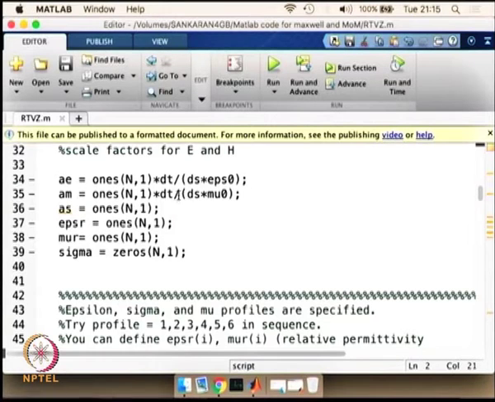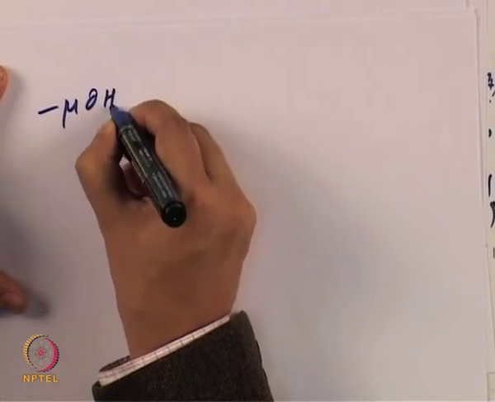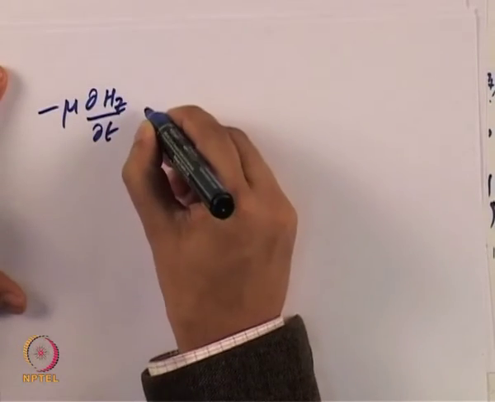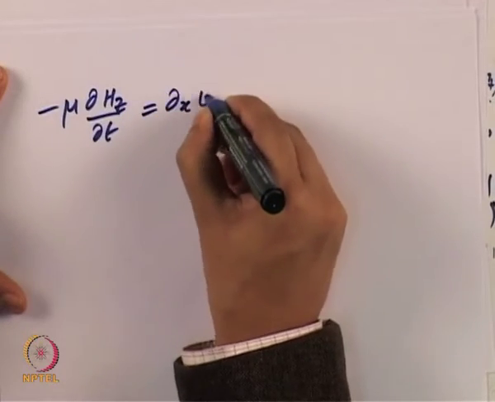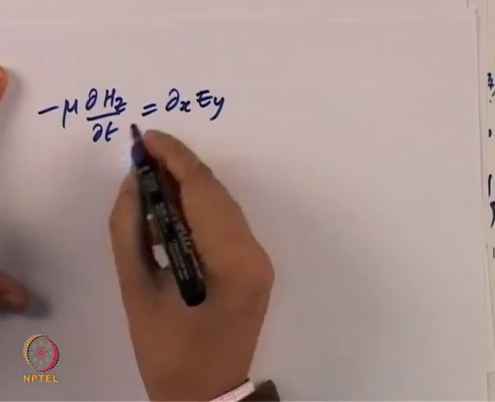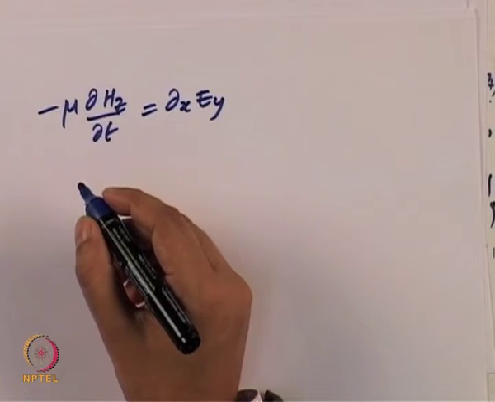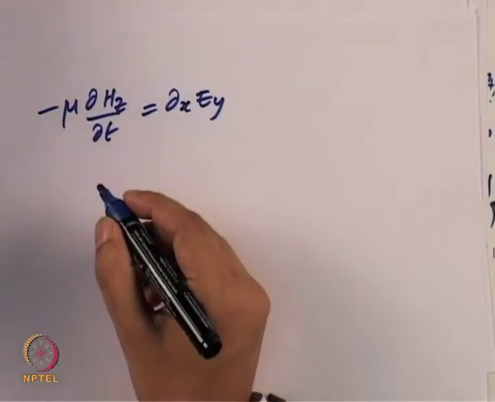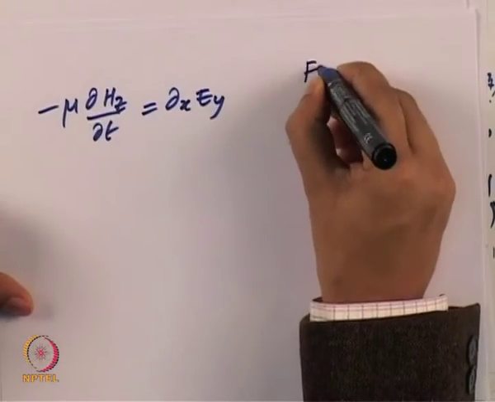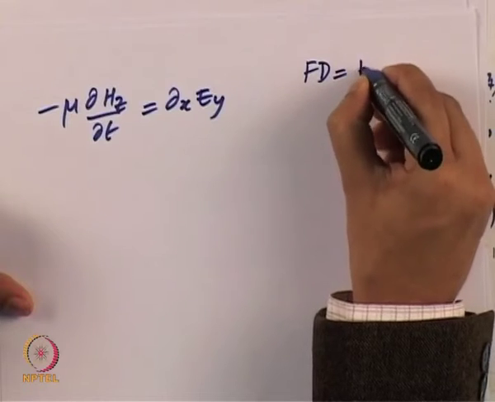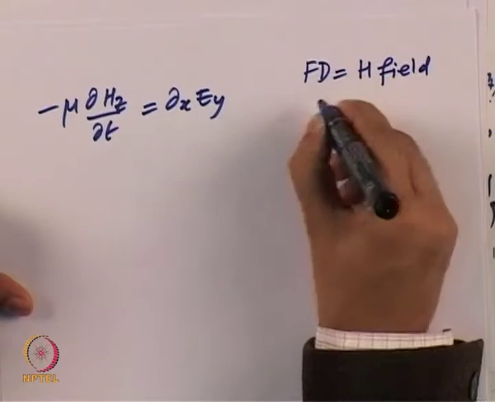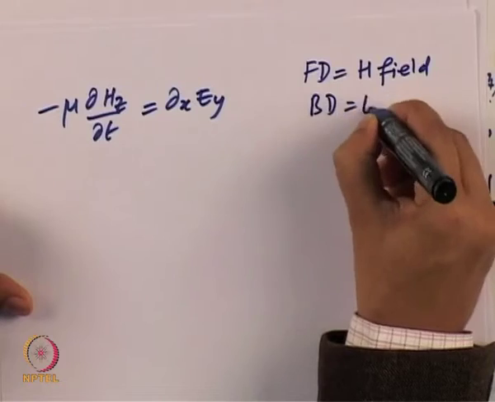So let us look into one simple case. The update equation here, let us take the second curl equation. We have minus mu dou Hz by dou t equal to dou x Ey, and we are doing forward differencing for one of the fields and backward differencing for the other. So we will do forward differencing for the H field and we will do backward differencing for the E field.